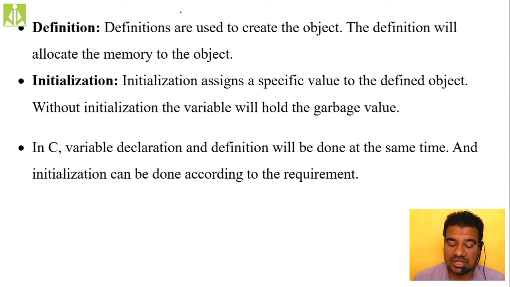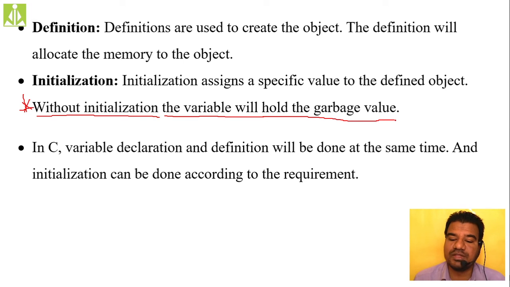This is a very important point, you have to remember. Without initialization, the variable will hold a garbage value. If you don't do the initialization, and you have done only the declaration and definition, then the variable will hold the garbage value.